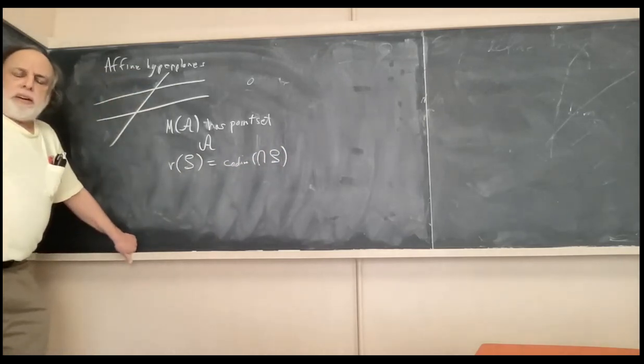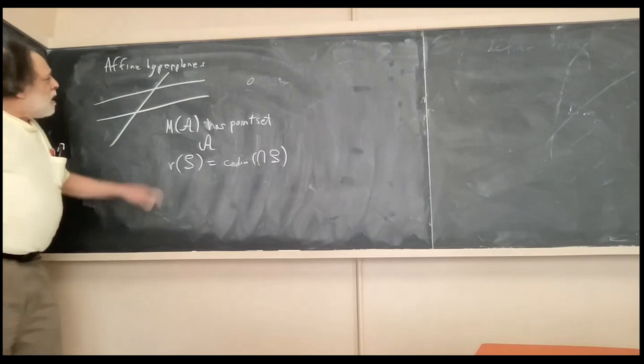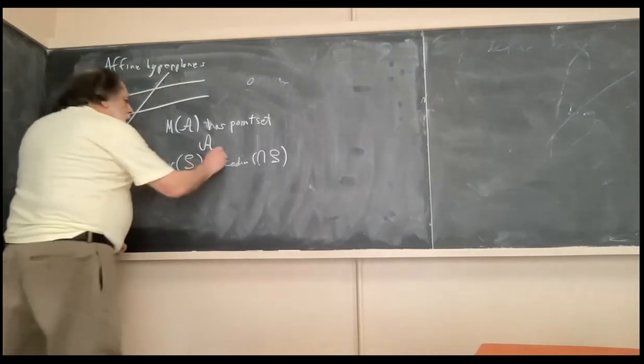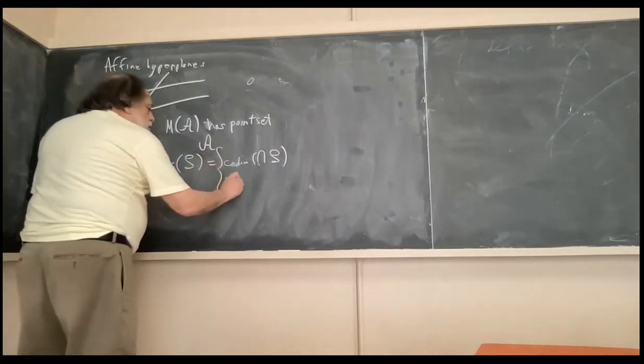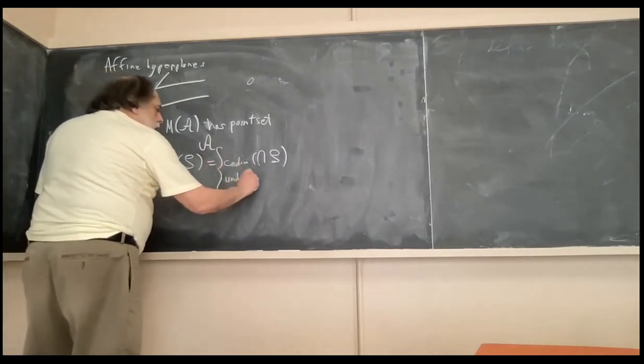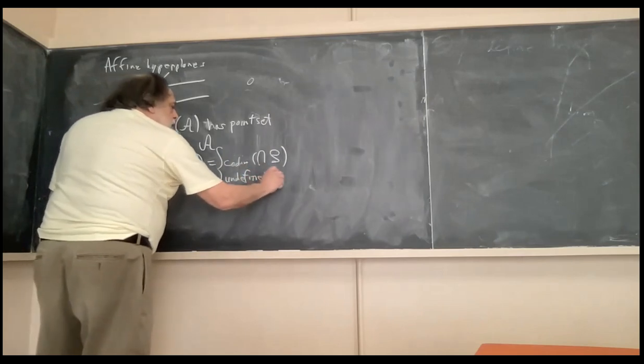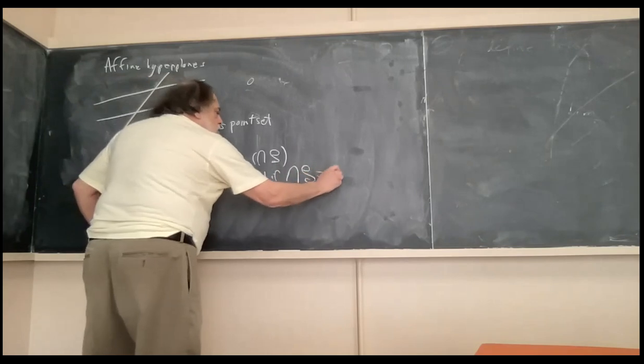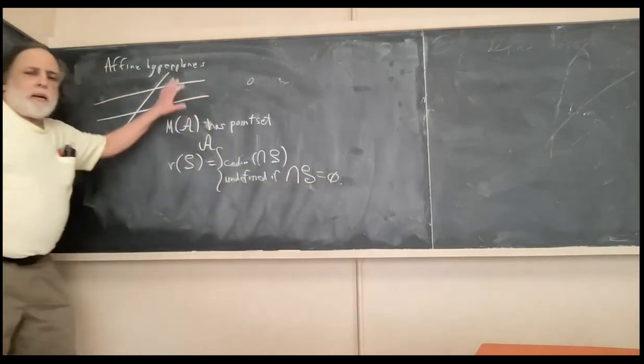That's the standard rank function for hyperplane arrangements, except that if we have no intersection, we get more complicated, and it's undefined if the intersection is equal to the empty set. This is for affine hyperplane arrangements.